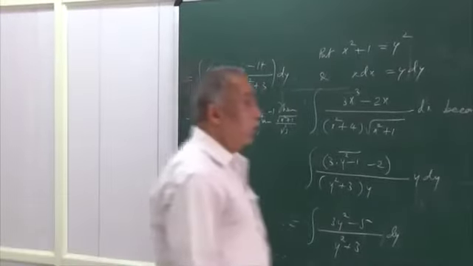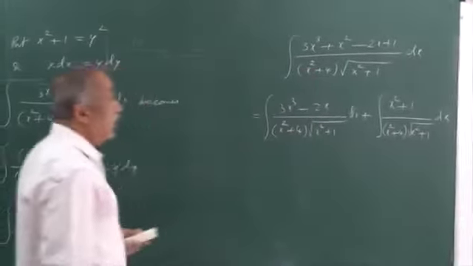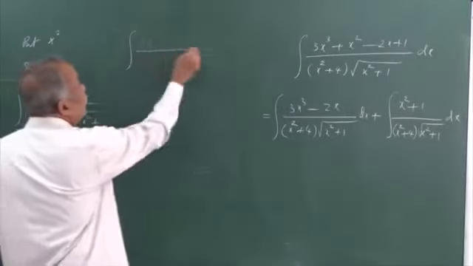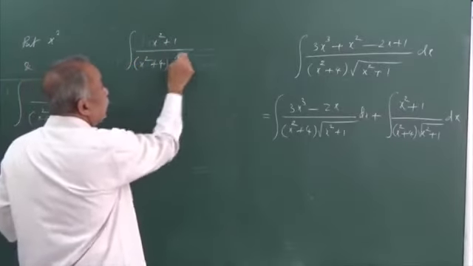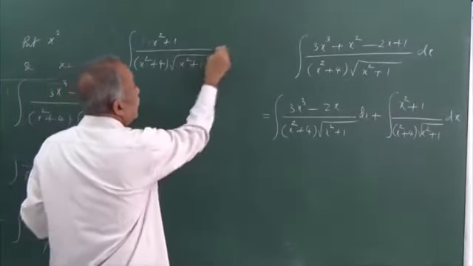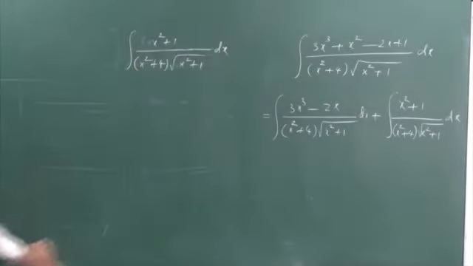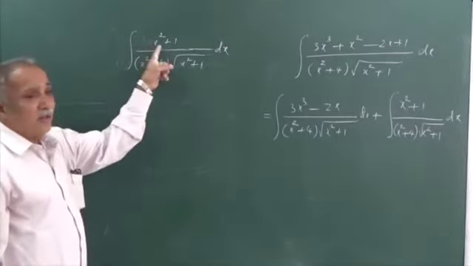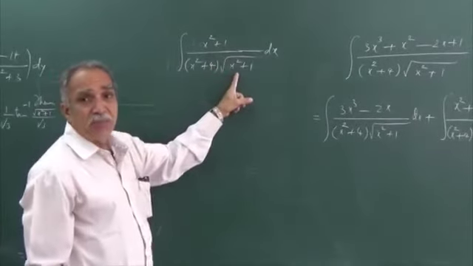Okay. Now we have to take care of the second part, which is the integral of (x square plus 1) divided by (x square plus 4) into root of x square plus 1. Actually, one coincidence has taken place here.